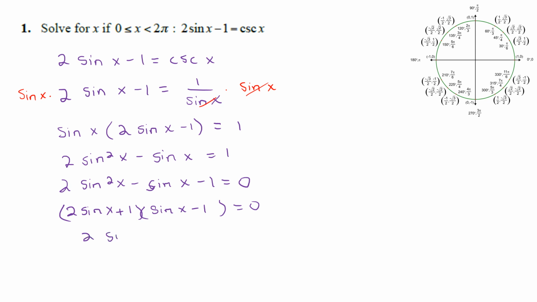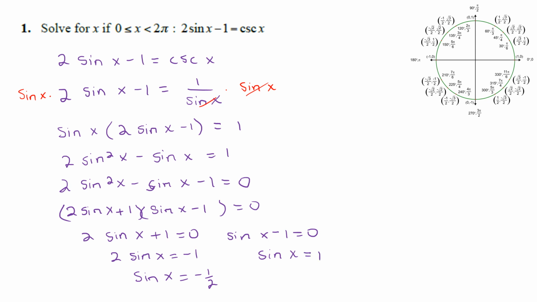I'll set each factor equal to 0 and solve for the trig function. I'll have 2 sine x equals -1, so then sine x equals -1/2. Over here, I'll have sine x equals 1.